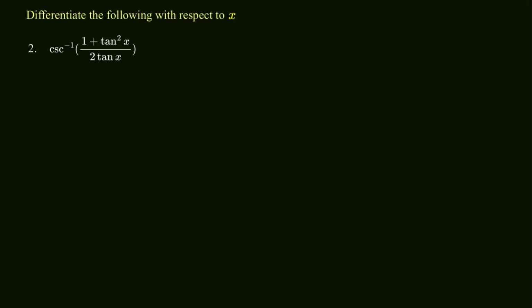Question number 2. We have cosec inverse of 1 plus tan square x over 2 tan of x. This is cosec, C-O-S-E-C. So let y equals cosec inverse of 1 plus tan square x over 2 tan of x. We have one formula, that is sin 2x equals, in terms of tan, 2 tan of x over 1 plus tan square x.